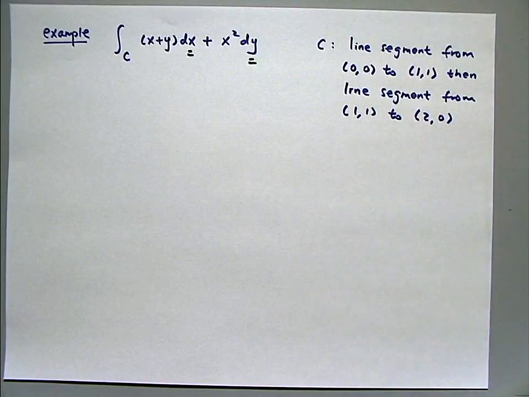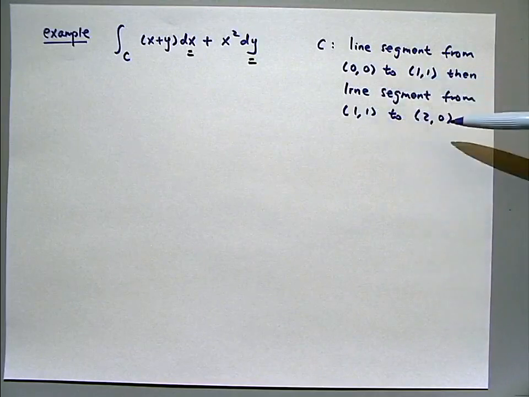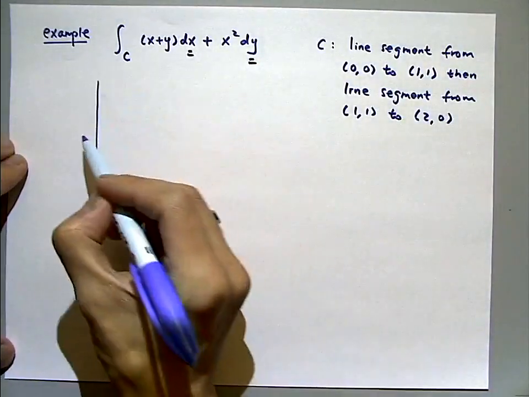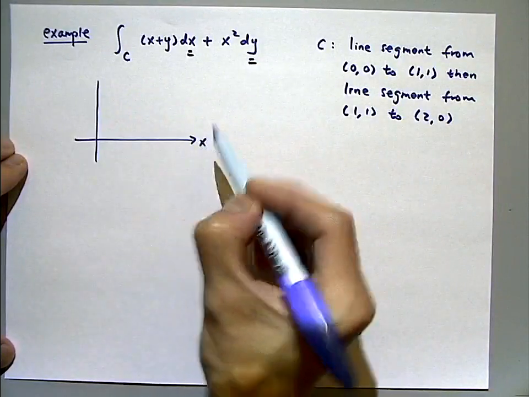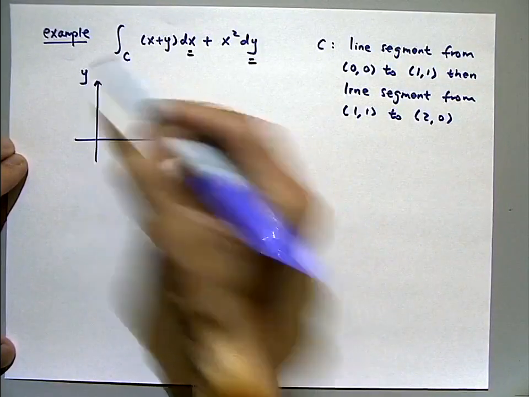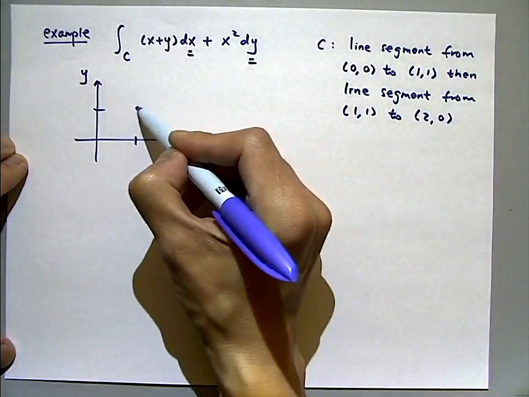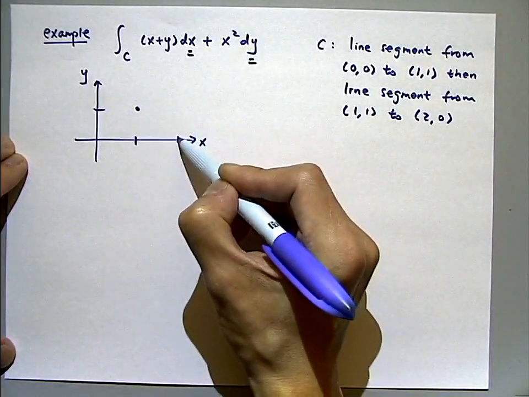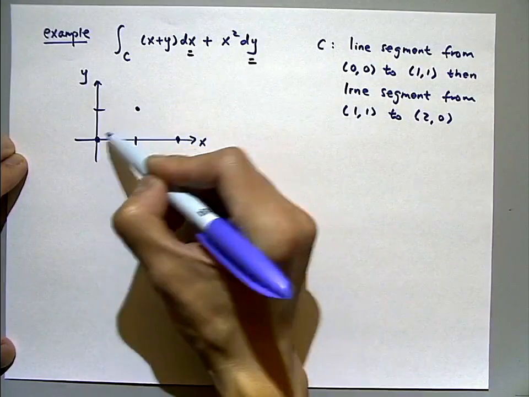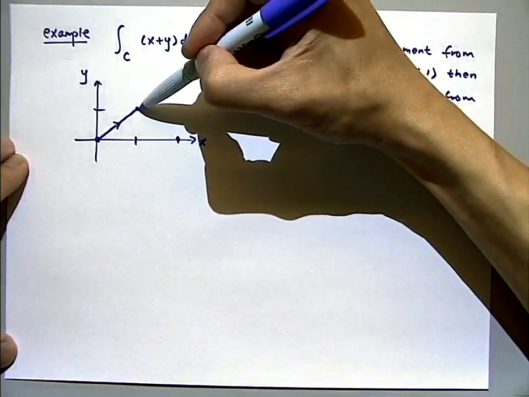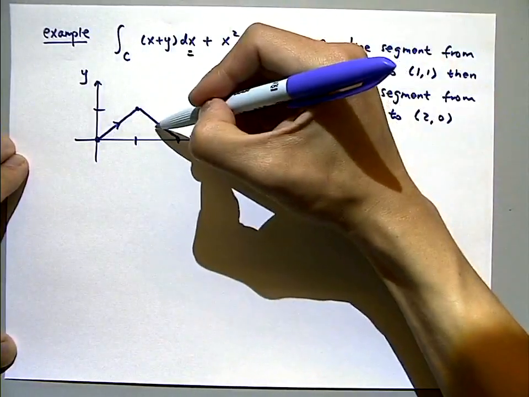Then we change our path and go from (1, 1) to (2, 0). All right, so what does this look like? We go this way first, then we go that way.